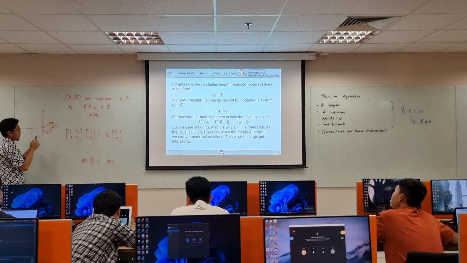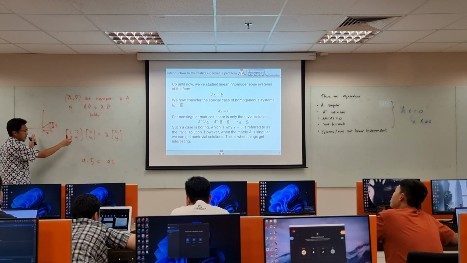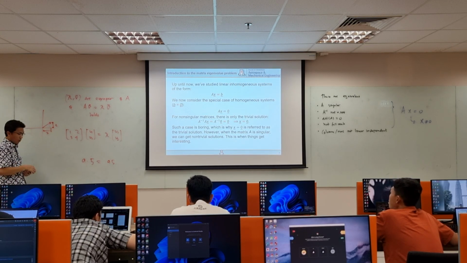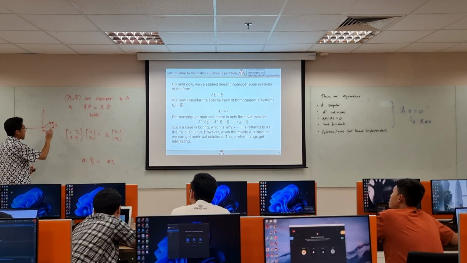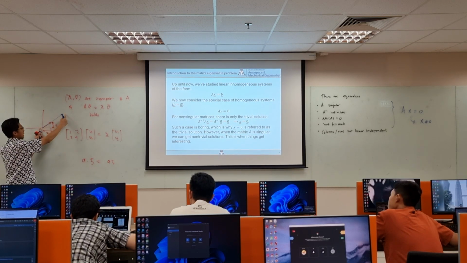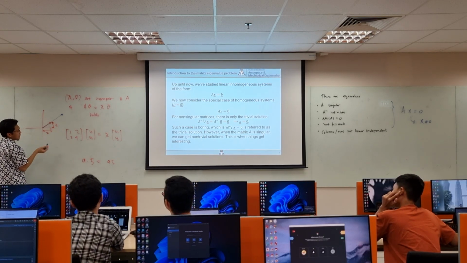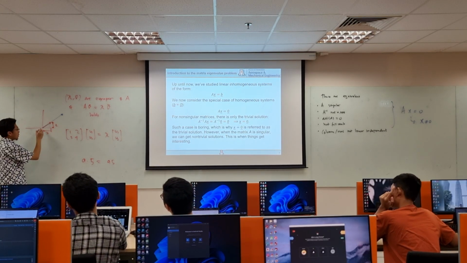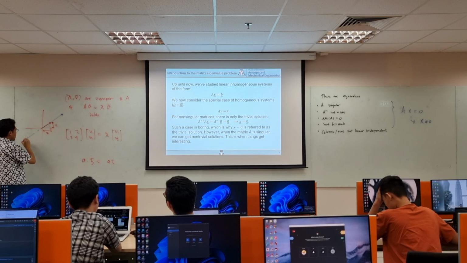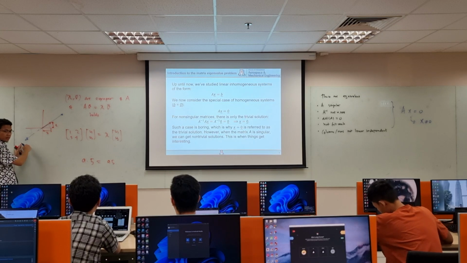If we multiply this vector using the matrix, either we get a longer vector, so lambda is bigger than 1, or lambda is less than 0, so it goes this way, a reflected vector.